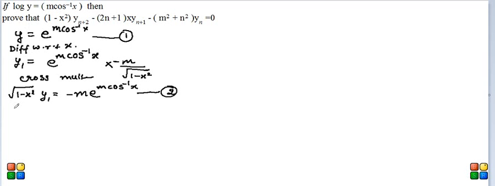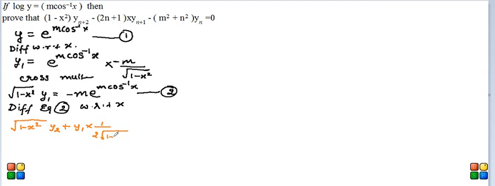Now again differentiating this thing, differentiating equation 2 now with respect to x. Product rule to the left side. See here, algorithm remains same throughout. First function as it is into differentiation of y1 is y2, plus second function as it is into differentiation of under root is chain rule again, 1 by 2 under root 1 minus x square into minus 2x.